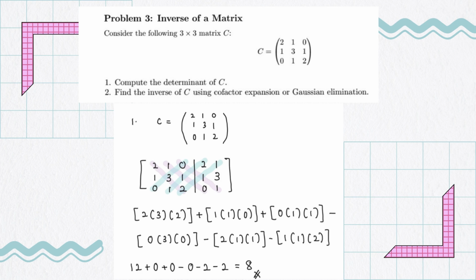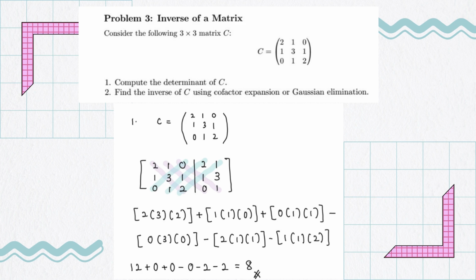Then this number we subtract with the products that we get when we multiply the diagonals in the blue highlighted direction, which is 0 times 3 times 0, minus 2 times 1 times 1, minus 1 times 1 times 2.